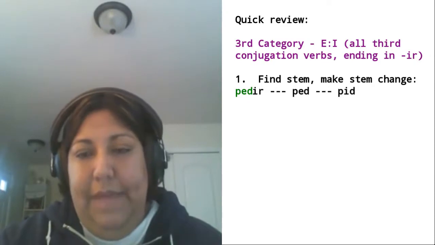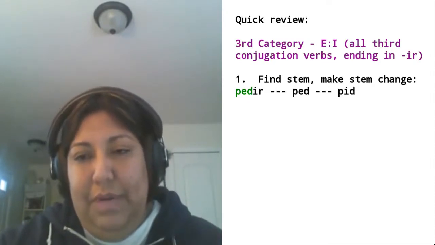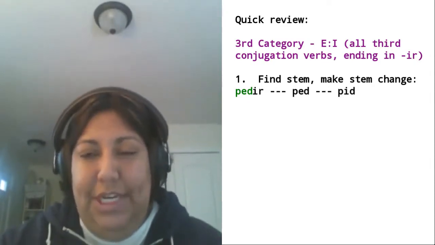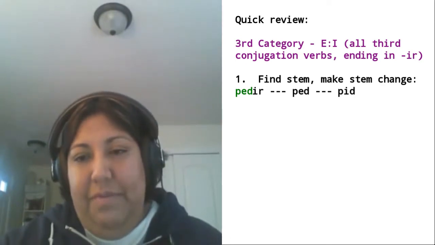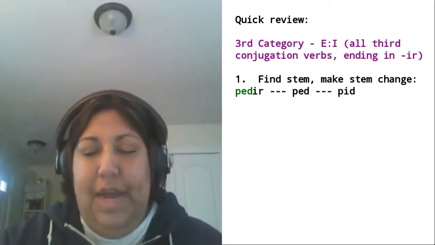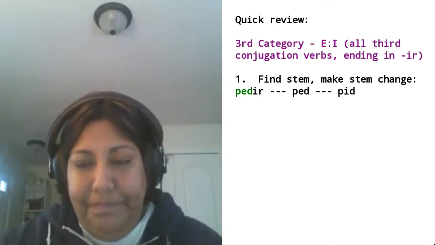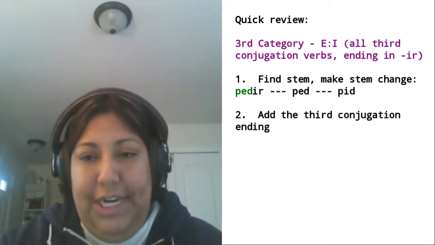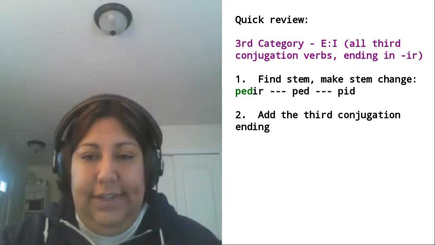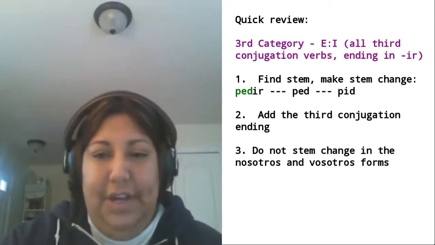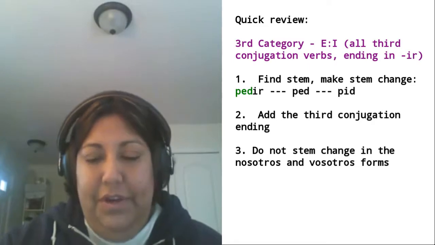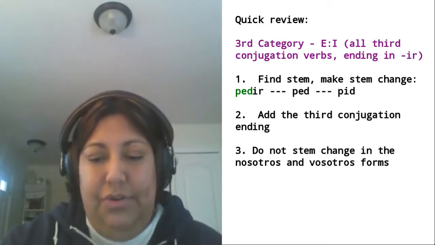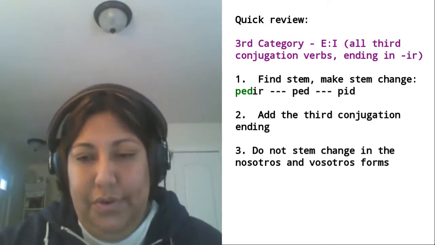And then you're going to stem change that verb from E to I, pid. And then you're going to add the third conjugation endings. And then of course, as you see above, you're not going to stem change in nosotros and vosotros.